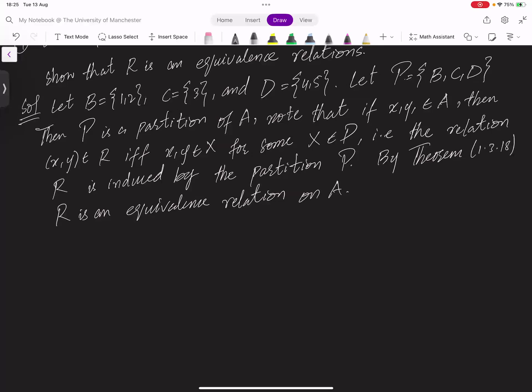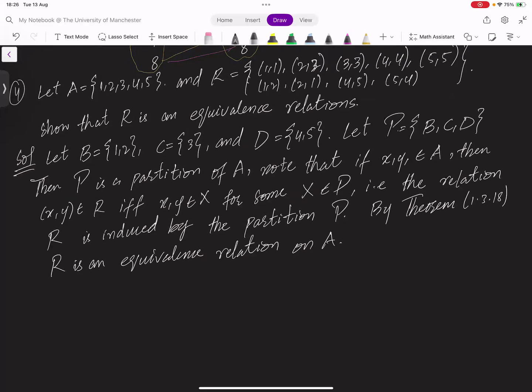R is an equivalence relation on A because the partition P contains all of the elements that are present in A. All of the elements inside the ordered pairs of the relation lie in some of the sets of the partition.